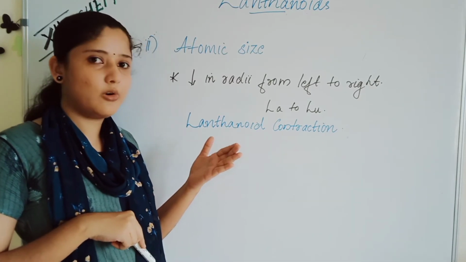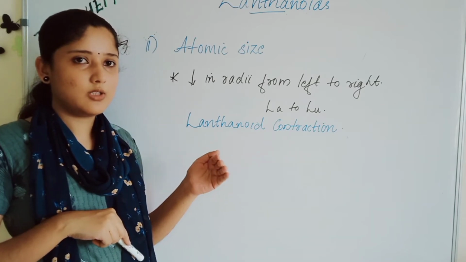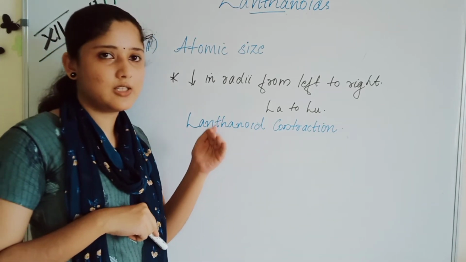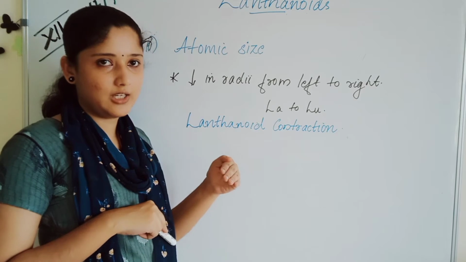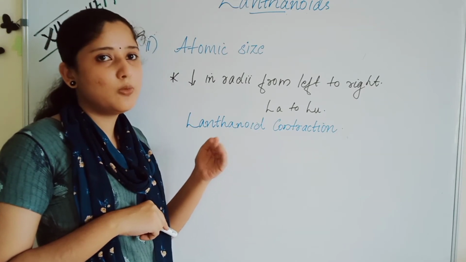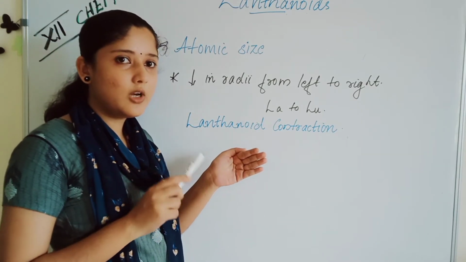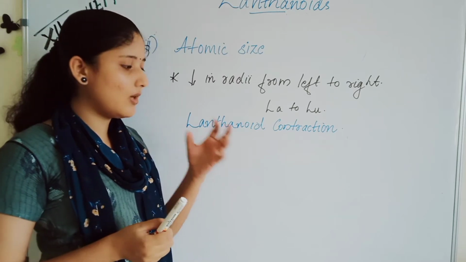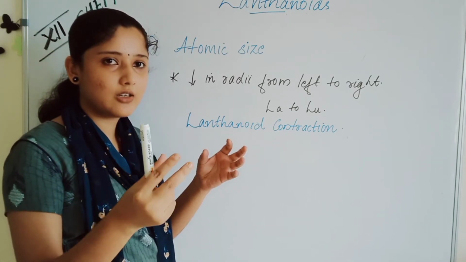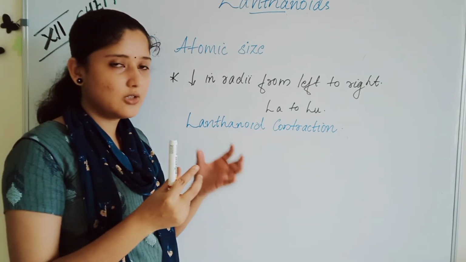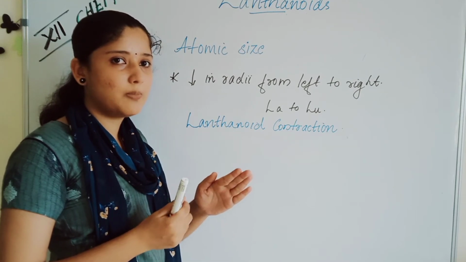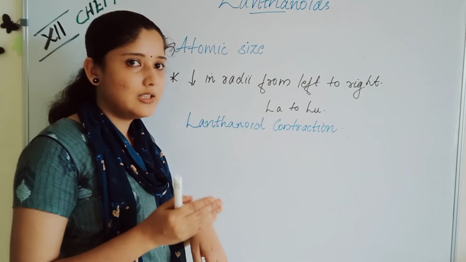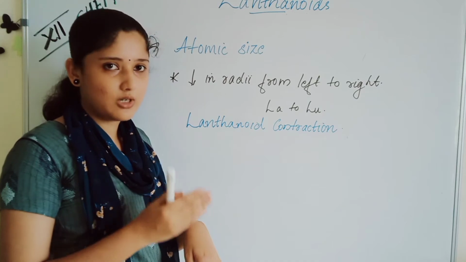What is lanthanoid contraction? This is because in the f block the f orbitals show poor shielding. Hence, as they show poor shielding, the nuclear charge increases, that is, the attraction of the nucleus and the electrons increases. As the nuclear charge increases, what happens? Size decreases. This is called lanthanoid contraction.